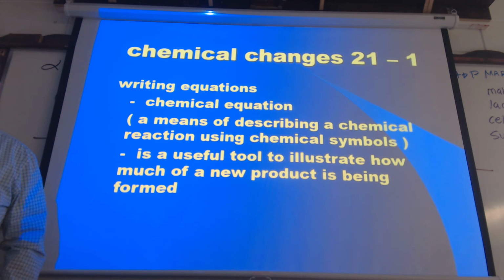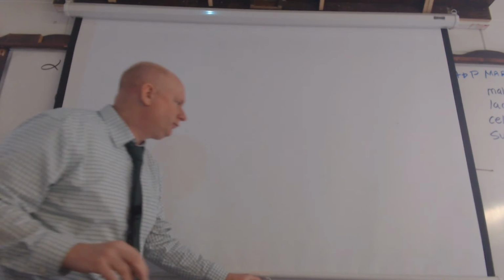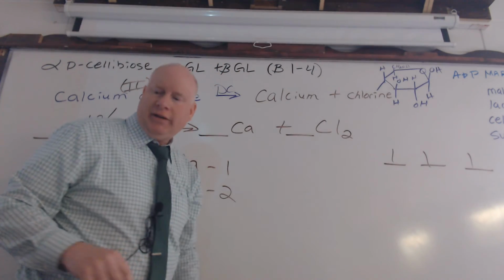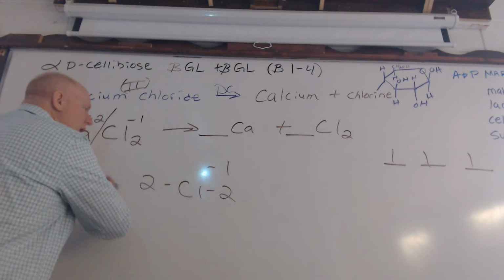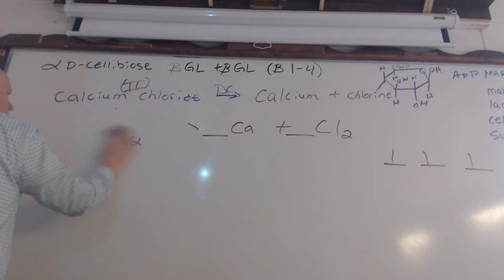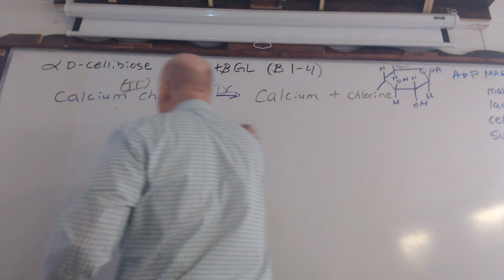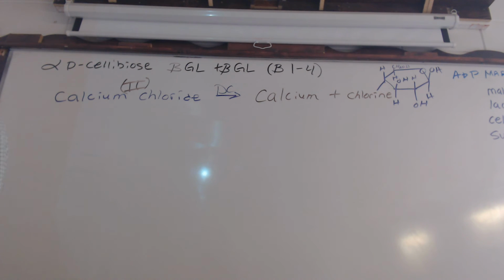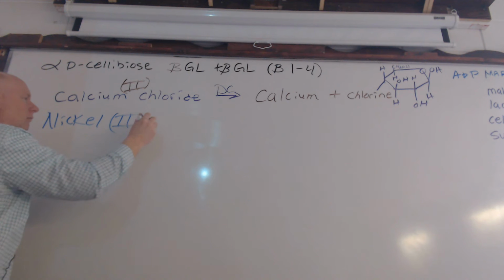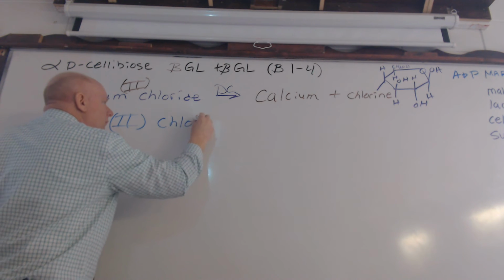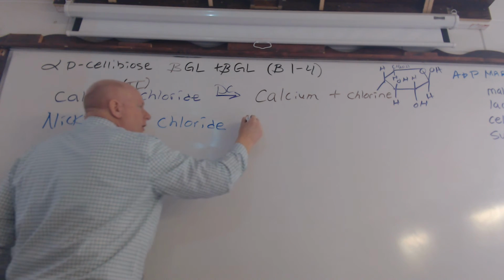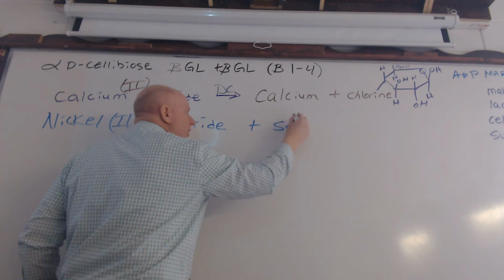Okay, got it. So notice that we're using a lot of the information that you had learned last chapter. Okay? So with this, nickel 2 chloride. And then it said plus sodium hydroxide.